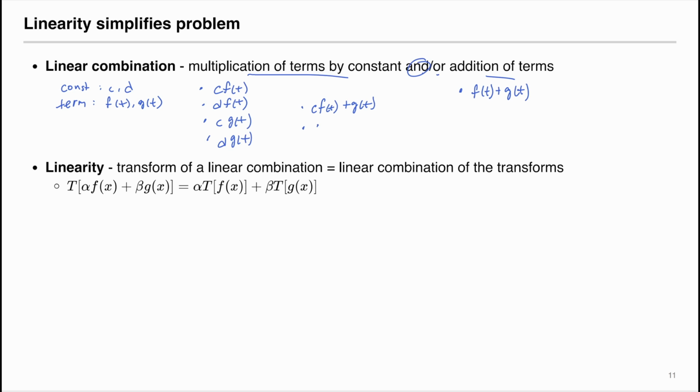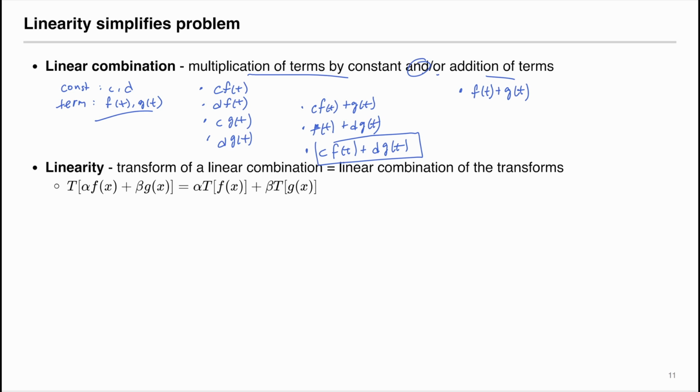Maybe c f of t plus d of g of t, that can be an example. The most general example for this combination would be c of f of t plus d of g of t for two constants and two terms.